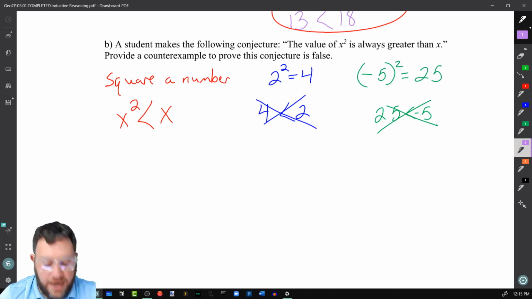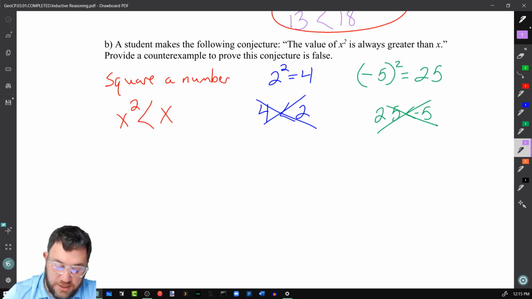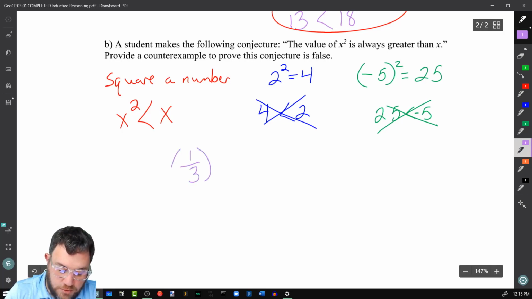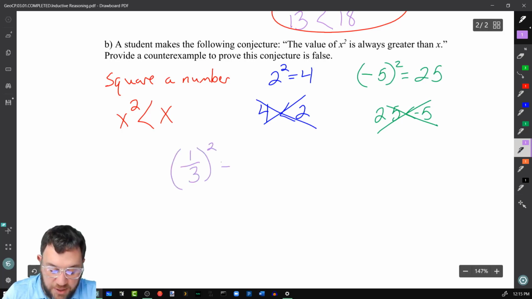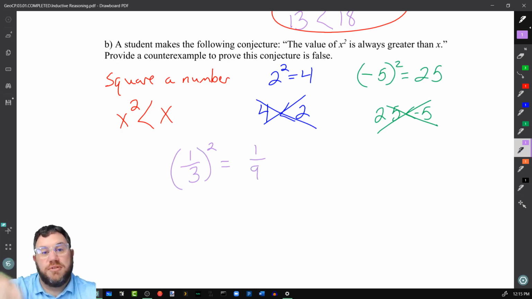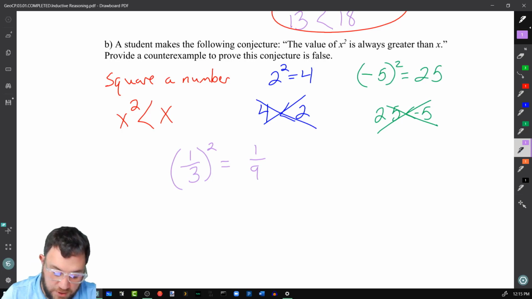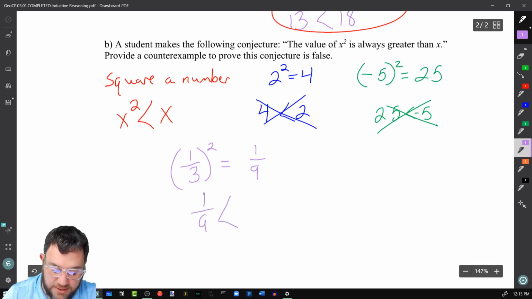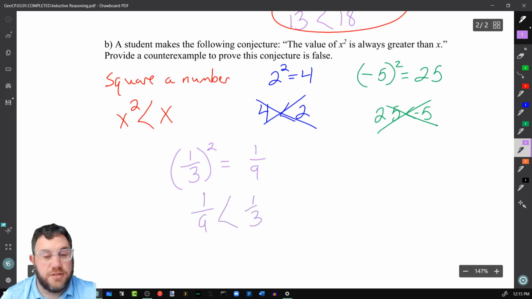Let's try a fraction, because this does not tell us that it's an integer to where we wouldn't have fractions. So let's try 1/3. Okay, if we square 1/3, we will get 1/9, because you square the top, you square the bottom, and 1/9 is less than 1/3.